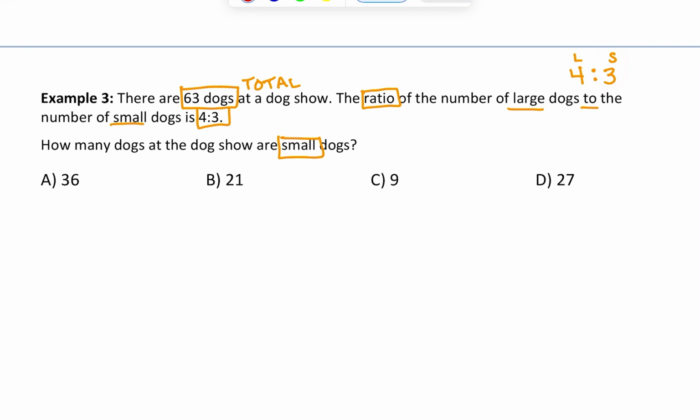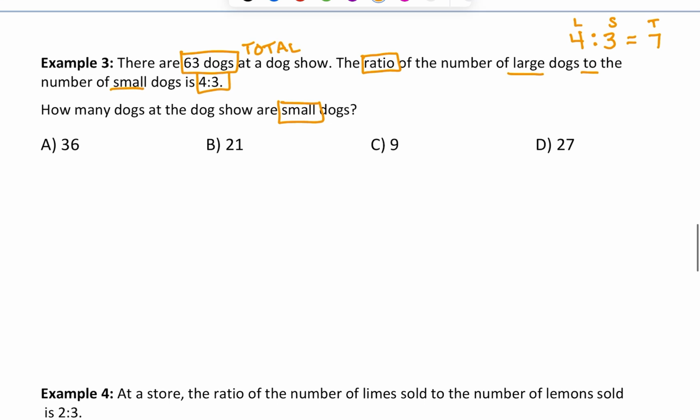That's because my total is 63. But if I found the total of this over here, 4 and 3, so if I have 4 large and 3 small dogs, my total would be 7. So that's not the total we have right now, so we need to skip count.